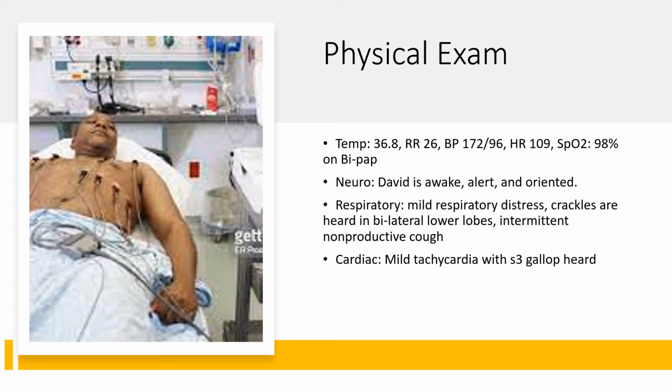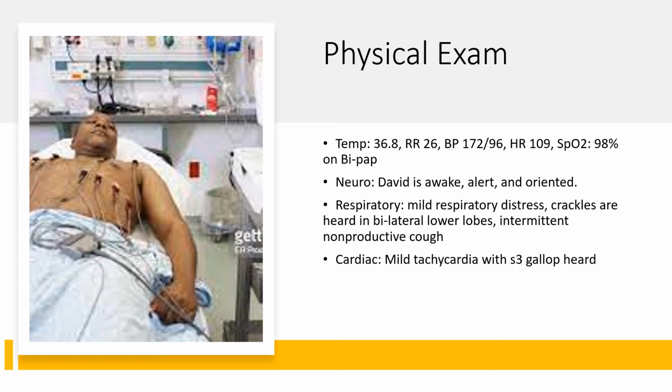On physical exam, David is afebrile with a temp of 36.8. He does have increased respirations of 26. However, that is down. EMS reports in the 40s when they arrived to pick him up. So that has improved.